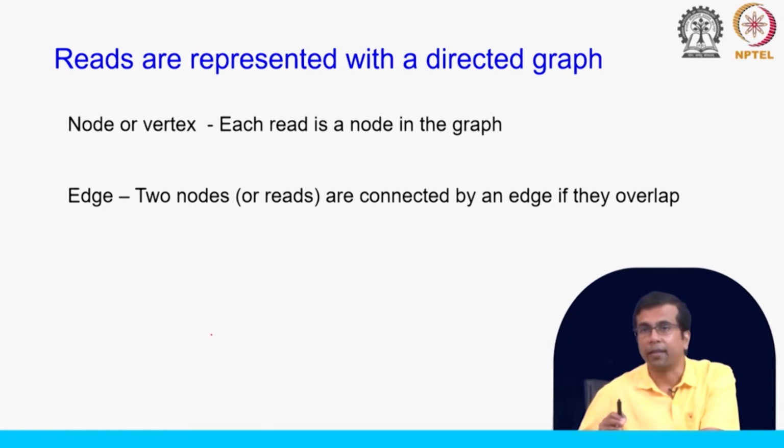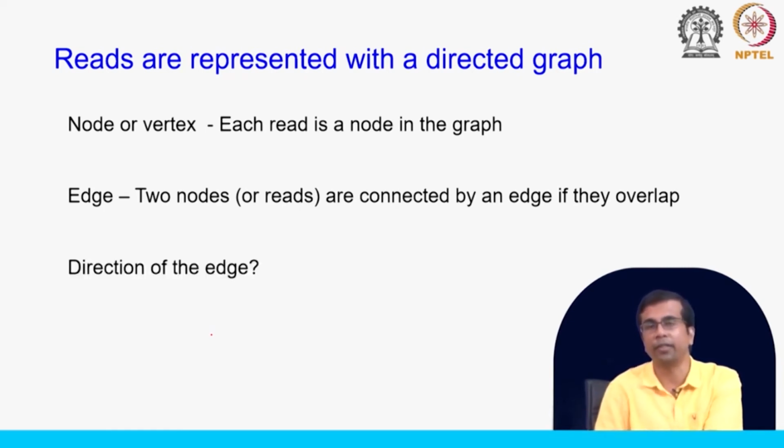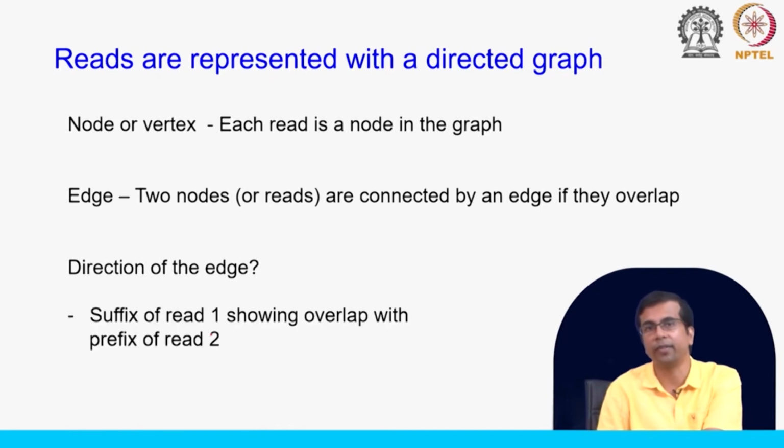Now, this is a directed graph, which means you also have directions. You have arrows from one node to another. So, how do you decide these arrows or directions? Assuming node 1 and node 2 show overlap, would the arrow go from node 1 to node 2 or from node 2 to node 1? That is something we also need to decide. How do you decide the direction of this edge?